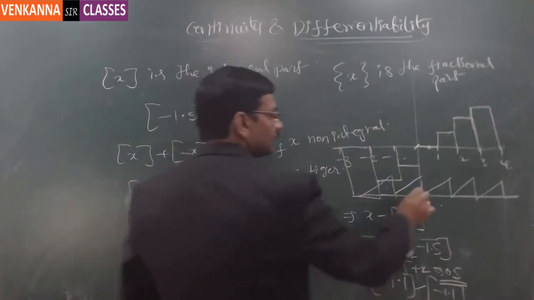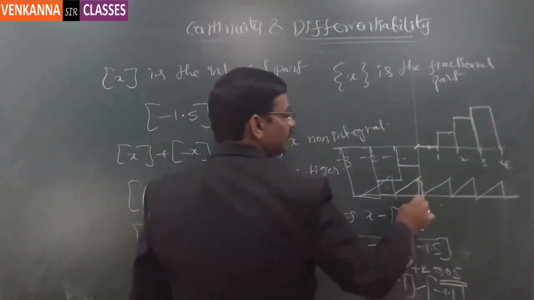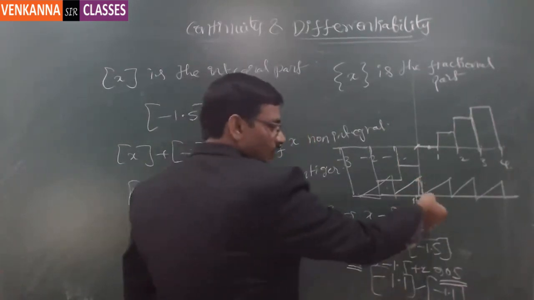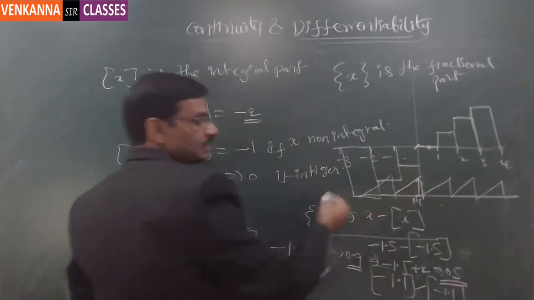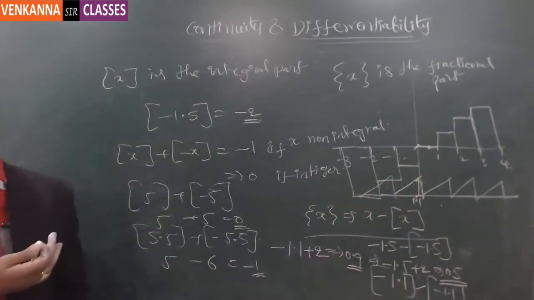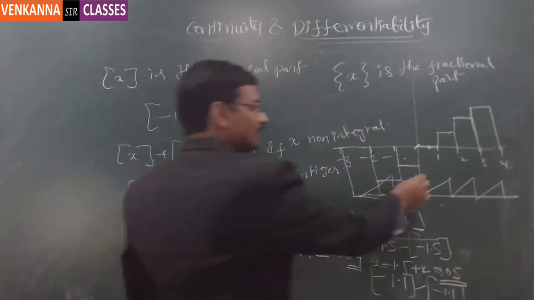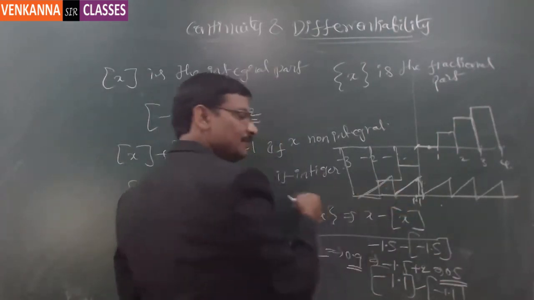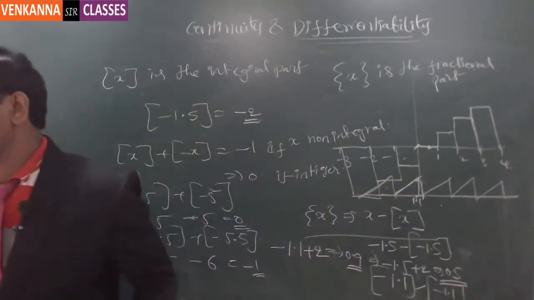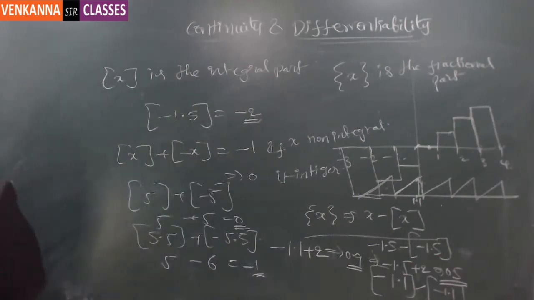So here you are going to get 0.9 if it is 1.1. That means the value keeps on reducing as you go from right to left. So the same curve is getting repeated even on the left side. Got it? Understood? So this is about the special functions.